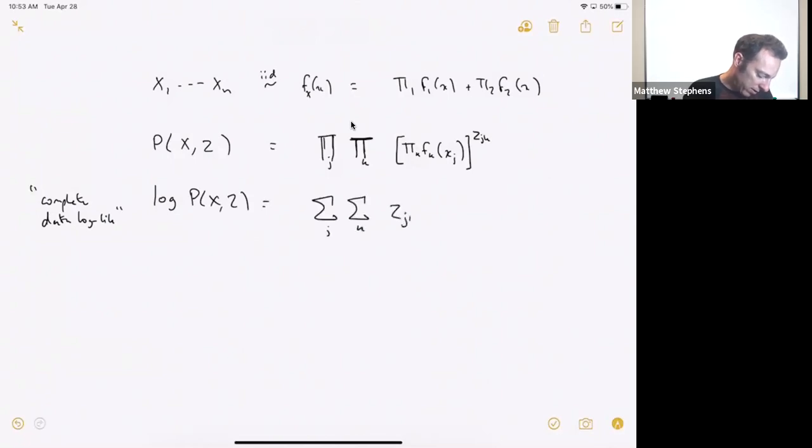So the nice thing about this is that it's linear in the Z's. And that's actually what makes the EM algorithm work, or at least what makes it easy to implement, is when this complete data log likelihood ends up being linear in the latent variables, whatever those are.